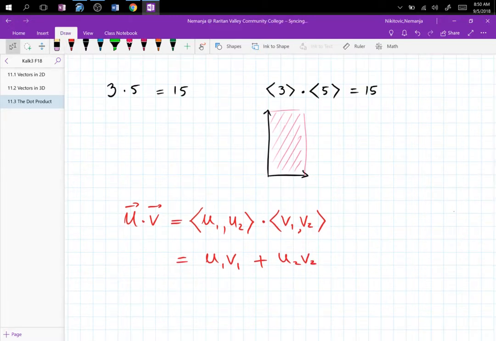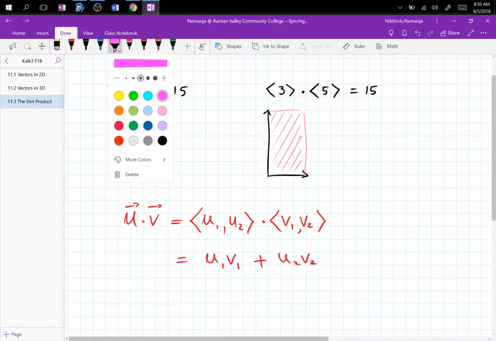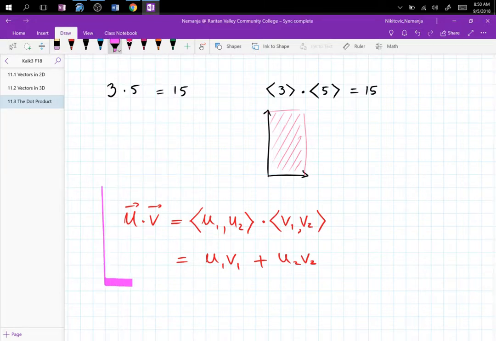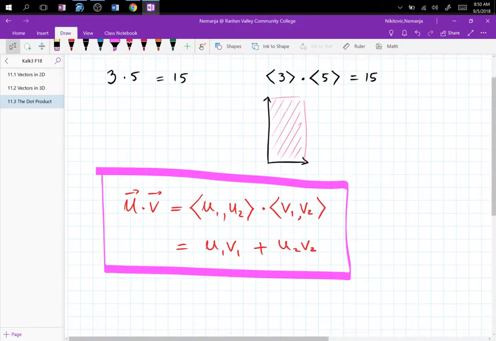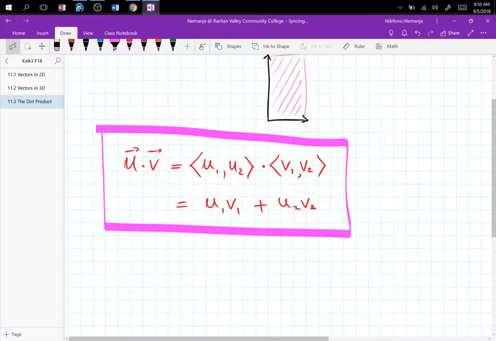So that's the formula that we are going to use to compute the dot product. Note that the answer is a scalar. Again, it's not a vector.